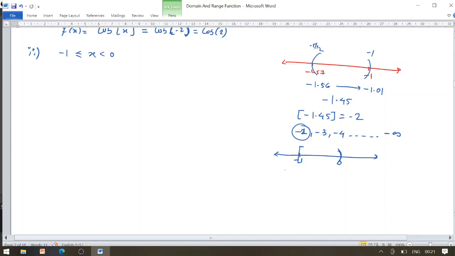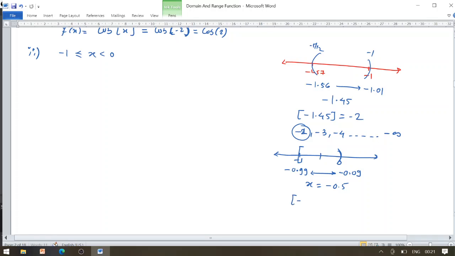And now here we can consider the values from minus 0.99, which is greater than minus 1, up to the possible values that should be less than 0. So let us take any one value among them. I would like to take x equal to minus 0.5, where minus 0.5 lies in the semi-closed interval [minus 1, 0).